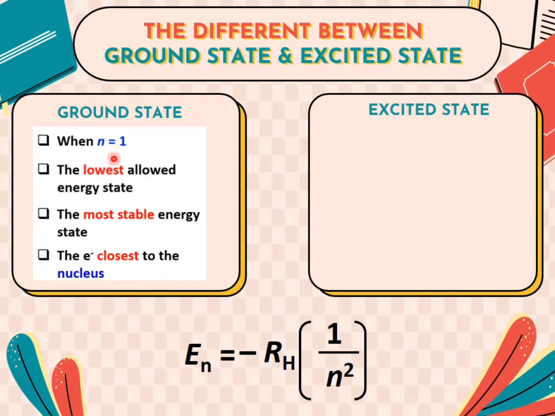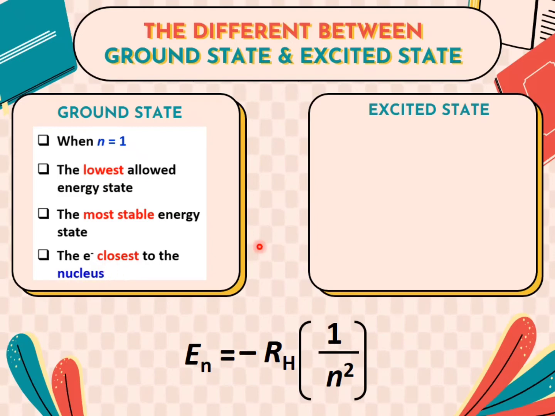Sometimes dia boleh jadi n equal to 2, depends on the transition or movement of electron. The lowest allowed energy state, yang paling rendah lah, okay? And the most stable energy state. So kita tahu biasa tempat yang rendah memang stable compare tempat yang tinggi. The electron closest to the nucleus, so lagi dekat dengan nucleus.